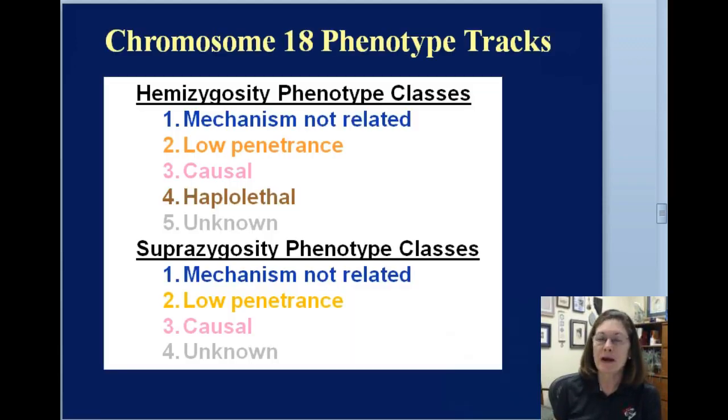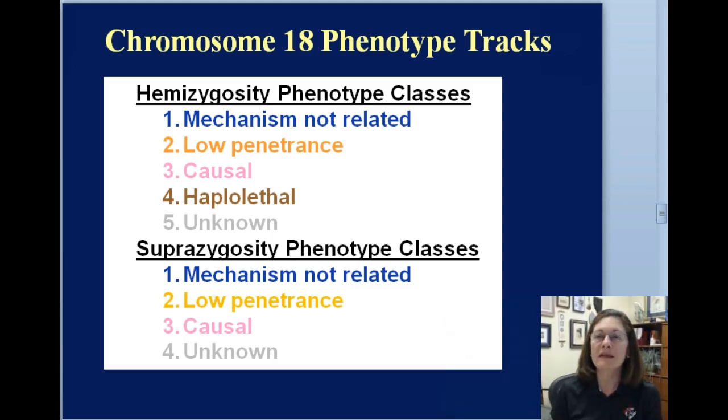So the phenotype tracks. Again, these are regions of the chromosome associated with a certain disease or clinical feature, and there's a specific region of the chromosome known. That region might have 50 genes or 3 genes, but it's a region, and the specific gene is not known yet. So the classes are very similar to the gene classifications.